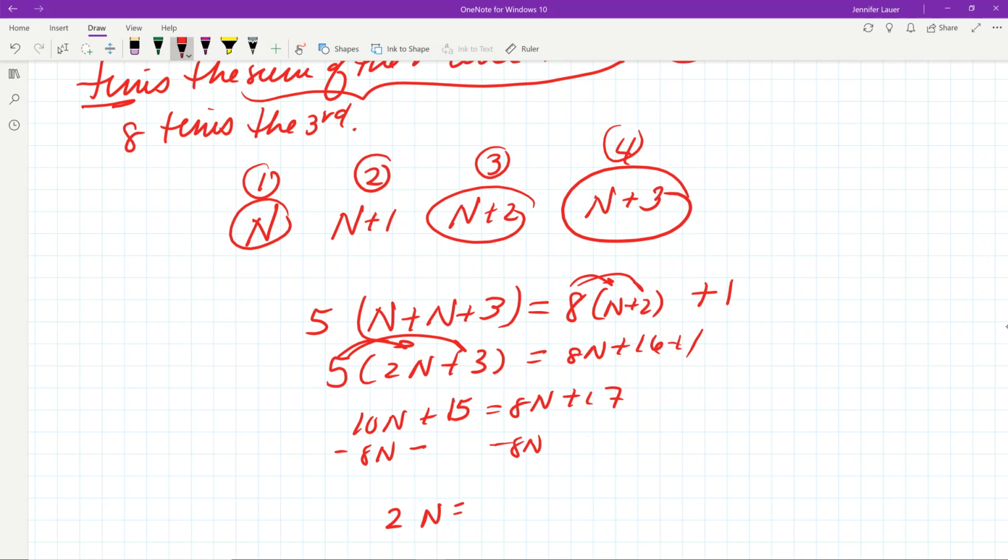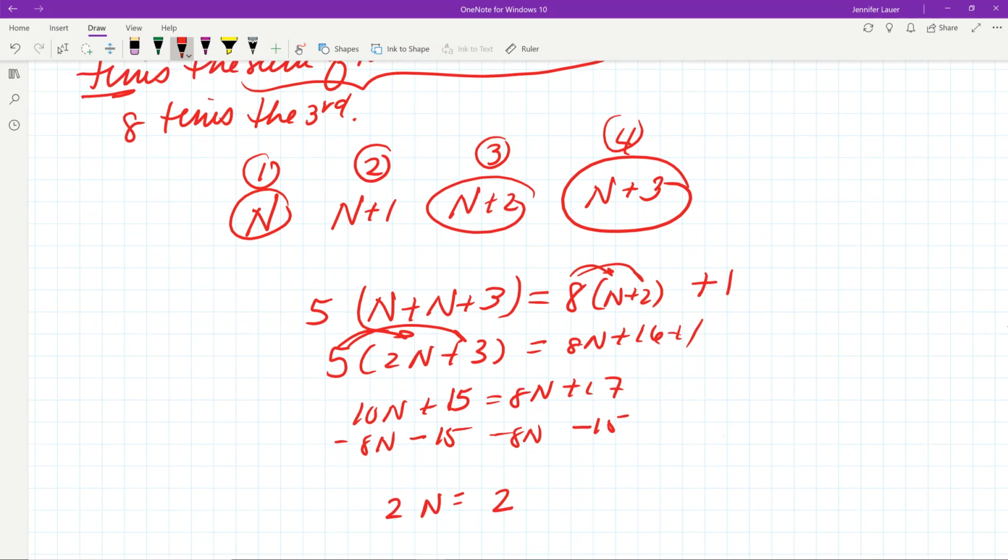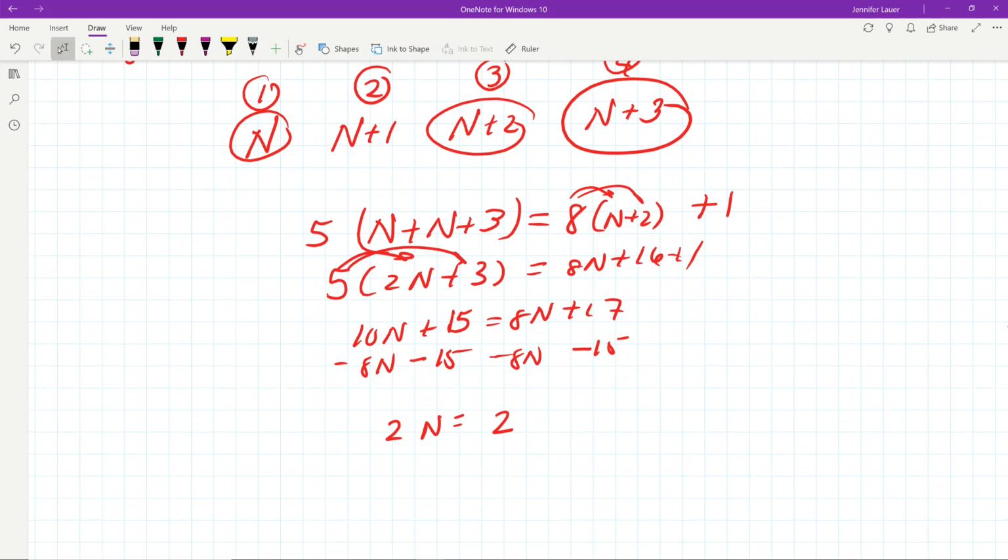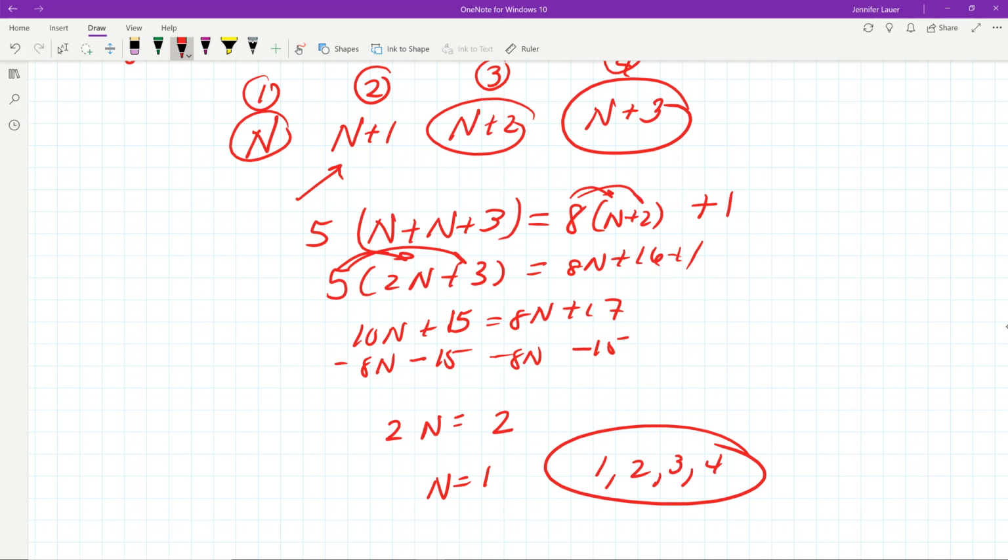So this will be minus 15, minus 15. So that's going to give me a 2. And so now we can see n is 1. Well, what's our consecutive? It's going to be 1, plus 1 is 2, 3, and 4. So that is your answer, and that is all for consecutive integers, consecutive odd and even integers.